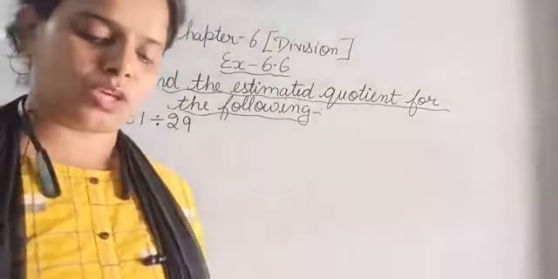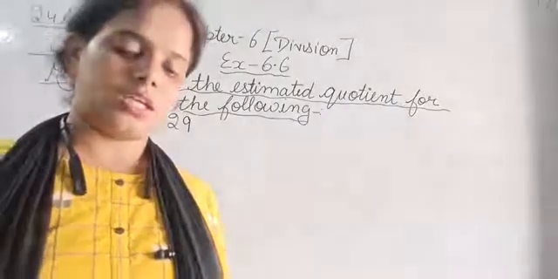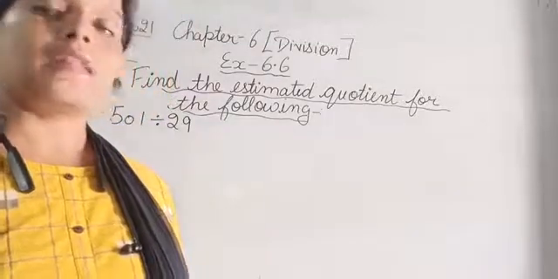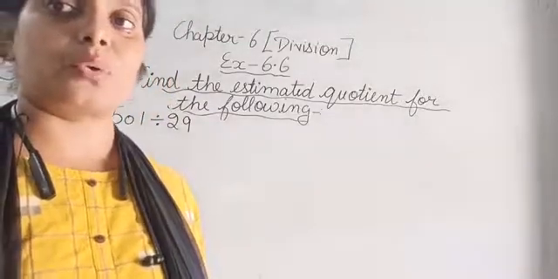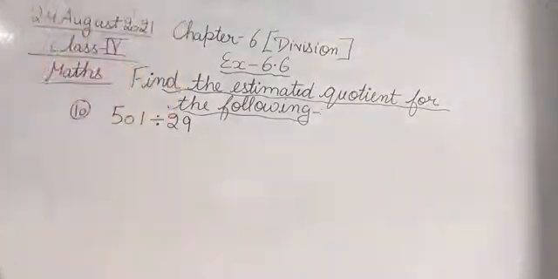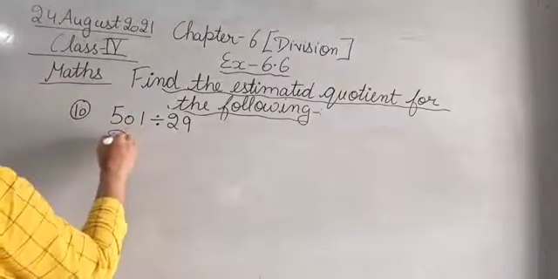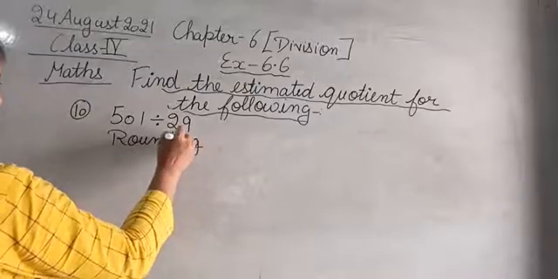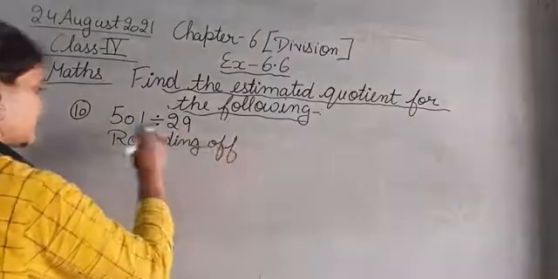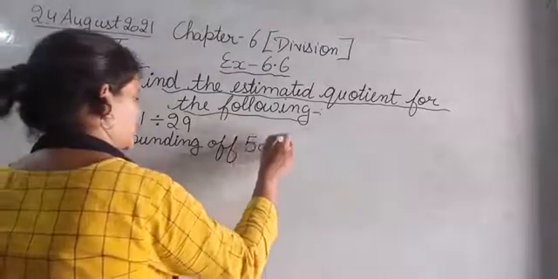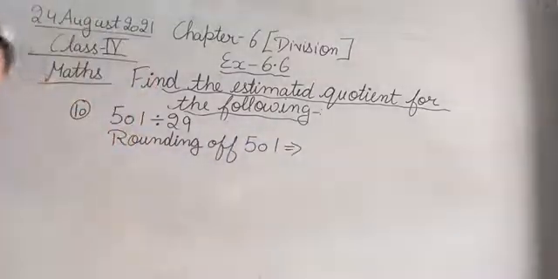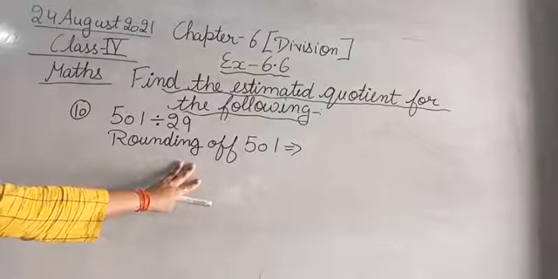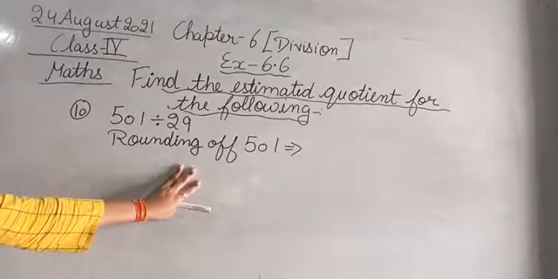So that means we are going to round off, or estimate, the dividend and the divisor. Okay, so first of all we are going to round off the dividend, then we will round off the divisor, and then we will find out the estimated quotient. Okay, so let's round off 501.